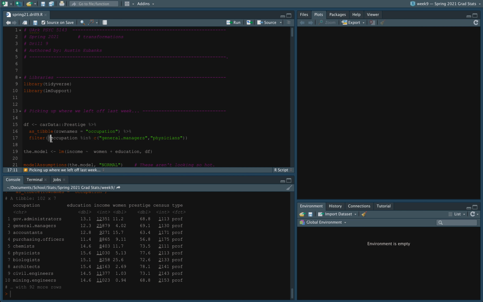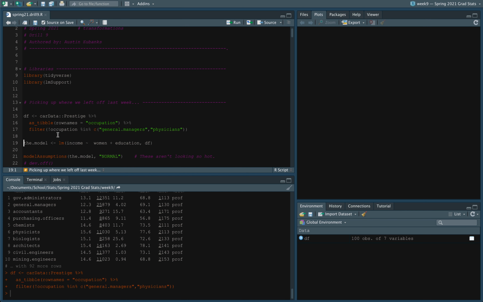But because I have this exclamation point in front, it's negated. That's saying not occupation is in general managers or physicians, which is just a programmatic way of saying filter where the occupation is not in this list. We will run that to get our data frame, and we should have 100 observations of our 7 variables.